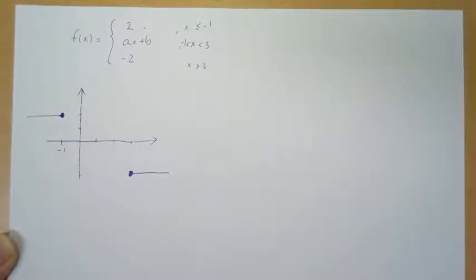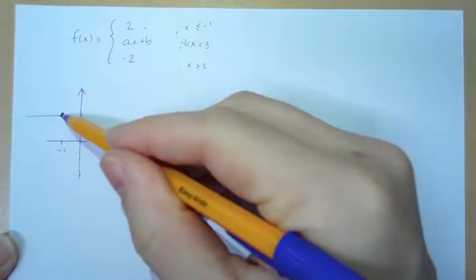The value of the function is -2. And now we have the middle rule, which is the one that we need to find a and b for, and we need to do that in such a way that this function is continuous. So it could be many things.